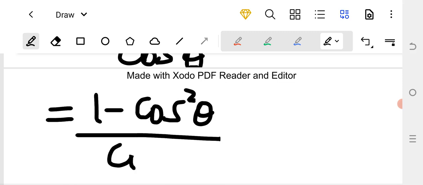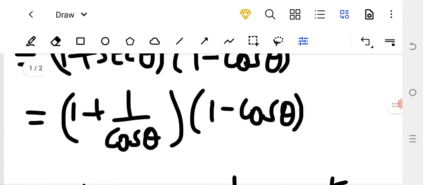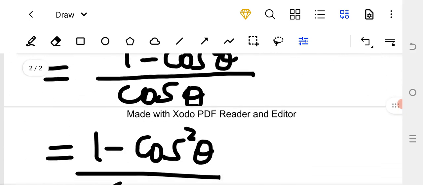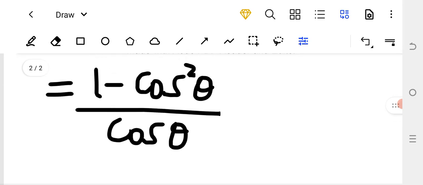divided by cos theta. Now, if you go back to the right hand side of the equation, they said they want you to prove that it's equivalent to sin theta times tan theta. Okay, so what am I going to do? Have you seen the numerator? The numerator is looking very, very familiar, right?